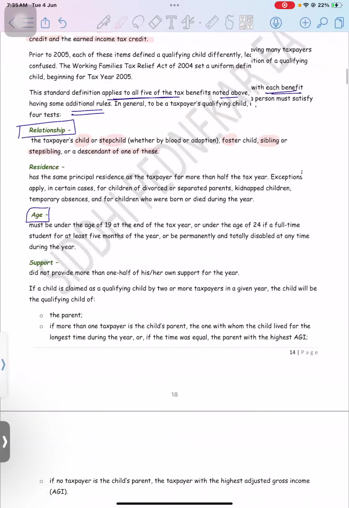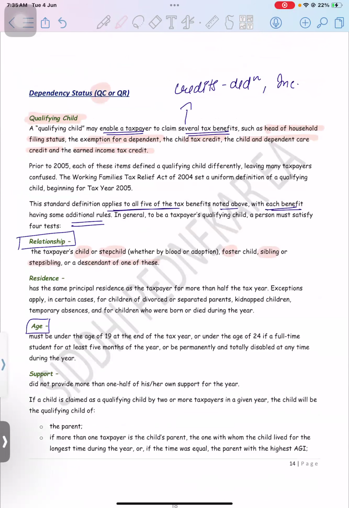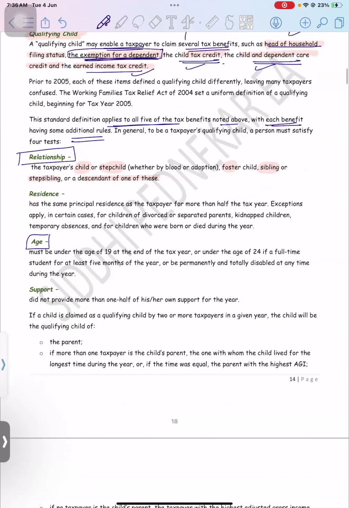So here, in the relationship for identifying a qualifying child, cousins, brothers, and sisters are allowed only for taking the child as a dependent for the purpose of head of household, exemption for dependents, child tax credit, child and dependent care, and earned income. This we will understand when we do the next topics. So these five criteria, you need to remember this definition.